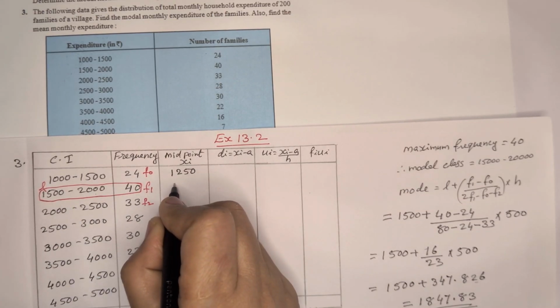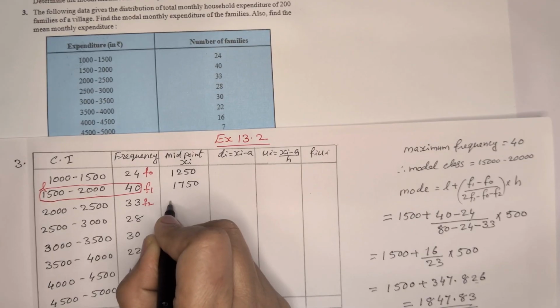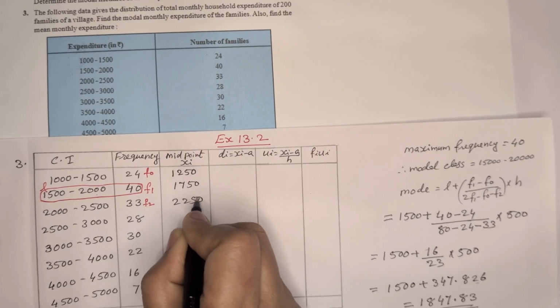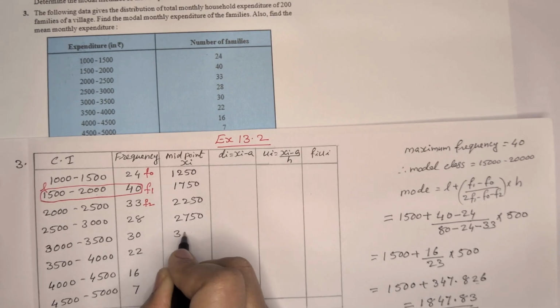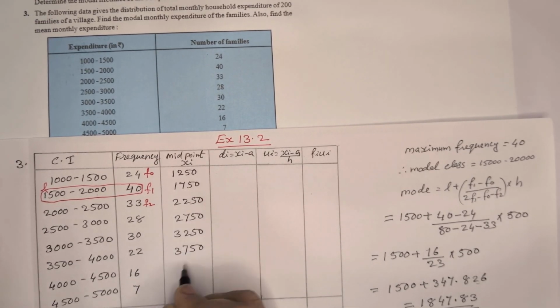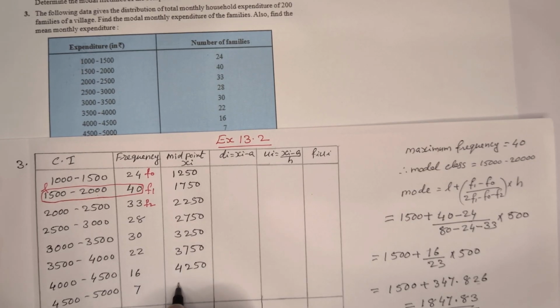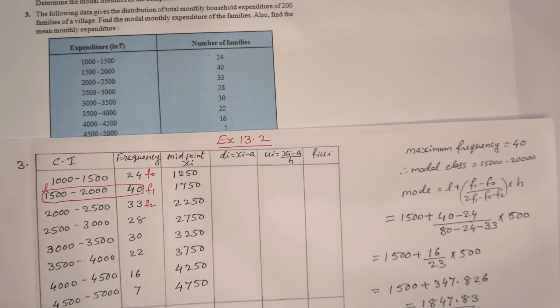Here the midpoint is 1750, 2250, 2750, 3250, 3750, 4250, 4750. Now we got midpoint xi.